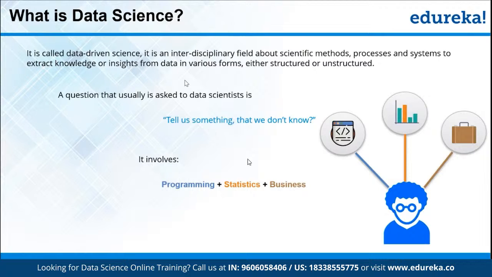The thing is, guys, you will be given the data, and the data can be of any kind: structured data, unstructured data, or semi-structured data. You need to apply scientific methods, processes, and systems to get the meaning out of that data. That's what data science says. You will be given the data, and you will have to find the meaning out of it.